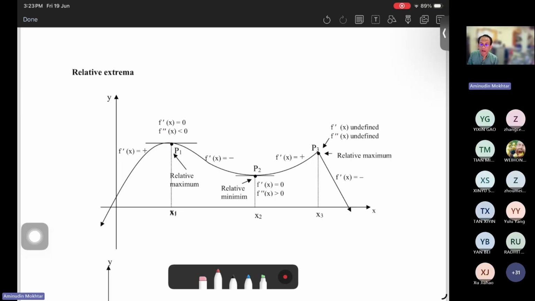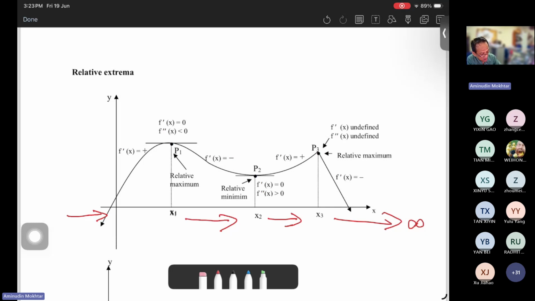As you can see here, let's say I just draw this graph randomly. I move from negative infinity on the left to the right: from the left to x1, x1 to x2, x2 to x3, and x3 to positive infinity. What happens to the function when we move from left to right?